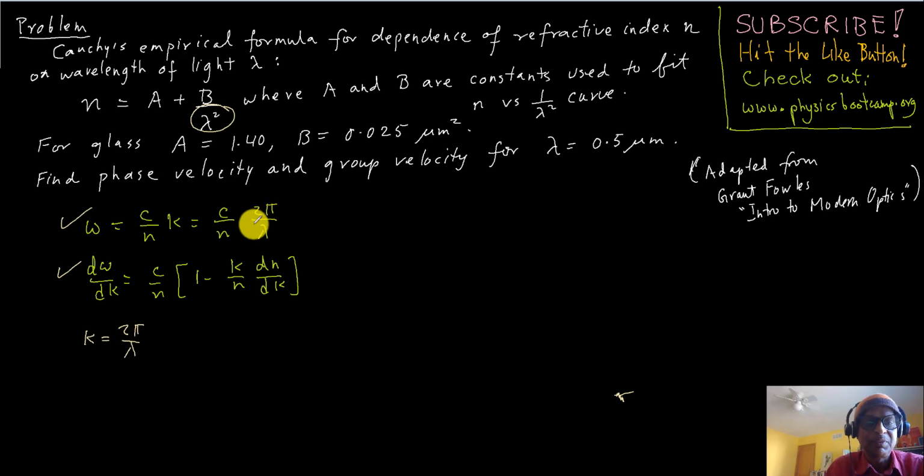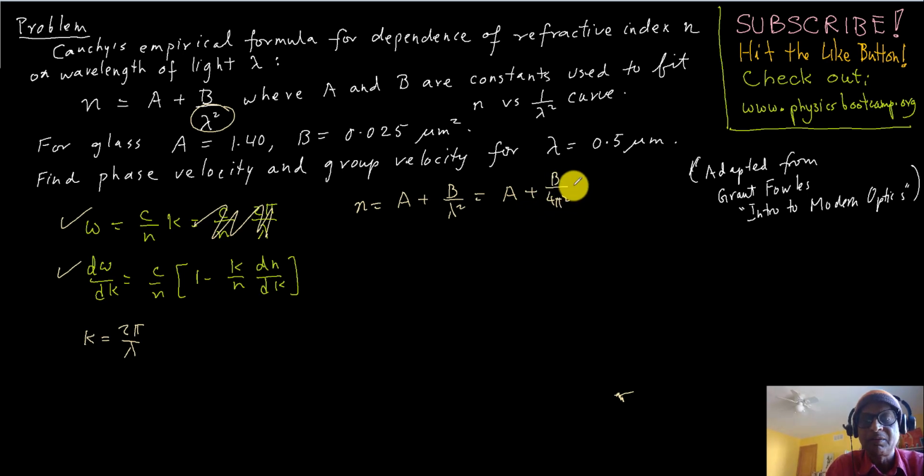So instead of going out there like that, I usually just stay in k and convert n. So n equals A plus B over lambda square, which is A plus B over 4 pi square k square. And now dn over dk can be easily obtained.